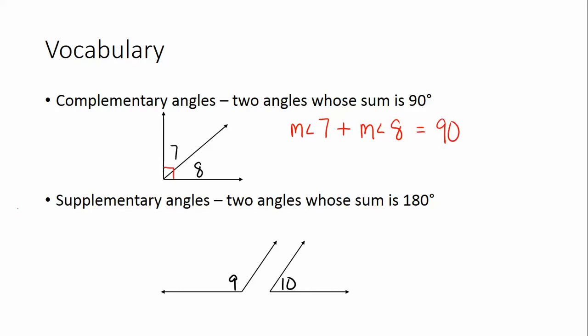Similarly with supplementary angles, the measure of angle 9 plus the measure of angle 10 will equal 180. The biggest trick with these two is remembering which one's which. Complementary adds up to 90, supplementary adds up to 180.